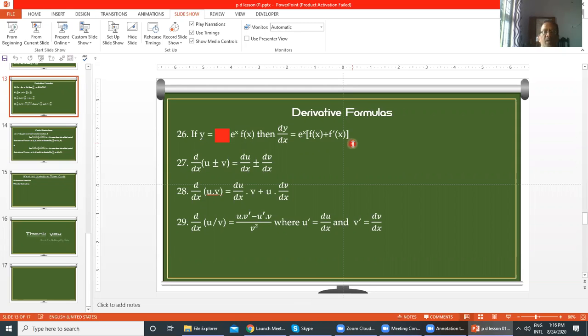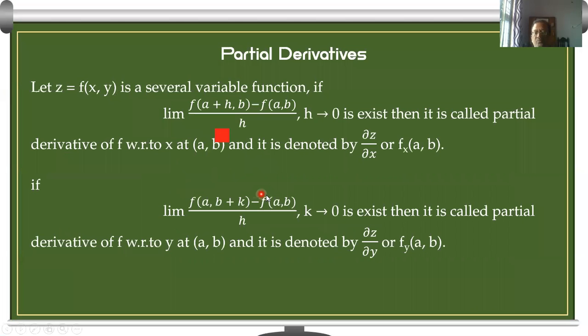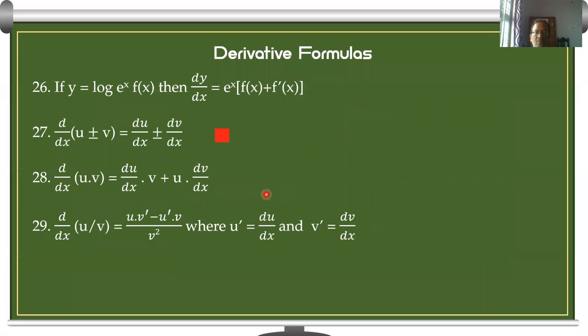And next, the addition formula. Dy by dx equal to, for u plus or minus v, du by dx plus or minus dv by dx.